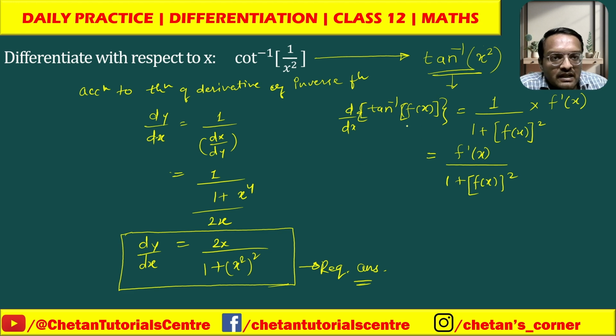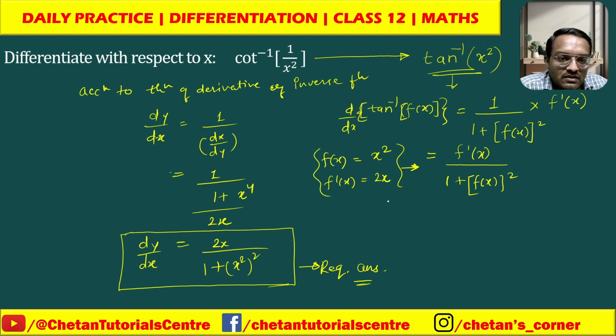Now here you can see that f of x is x square and f dash of x will be 2x. Now I will substitute these values in this function. So what I will get, f dash of x will be 2x and 1 plus inside the bracket f of x.